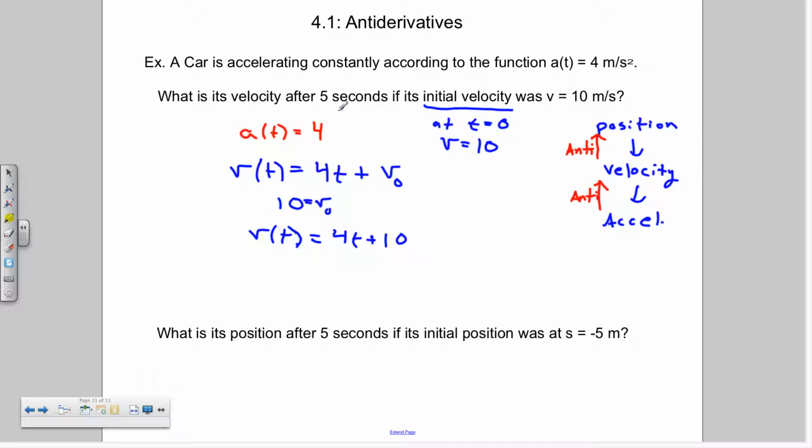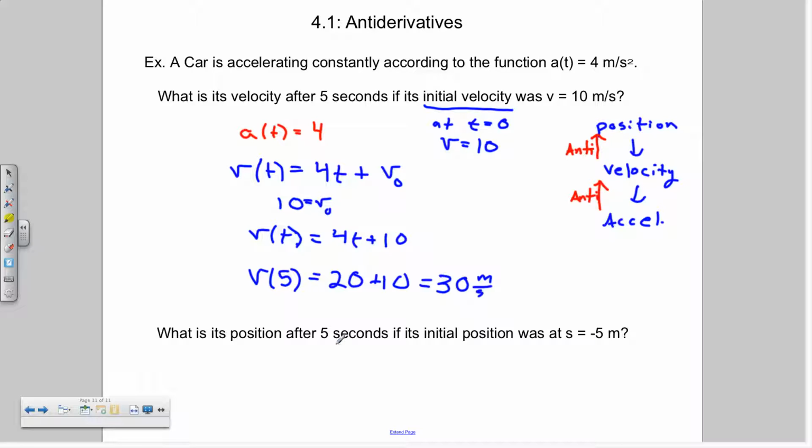And then the question asks us, what is the velocity after 5 seconds? So we proceed to say v of 5 is 4 times 5, 20, plus 10. So the velocity after 5 seconds is 30 meters per second.